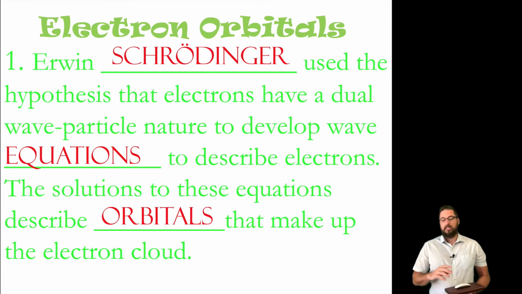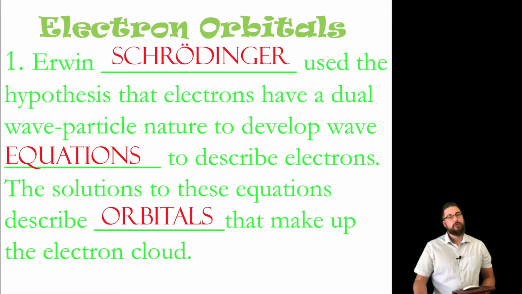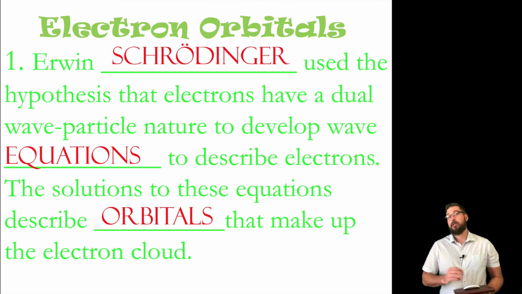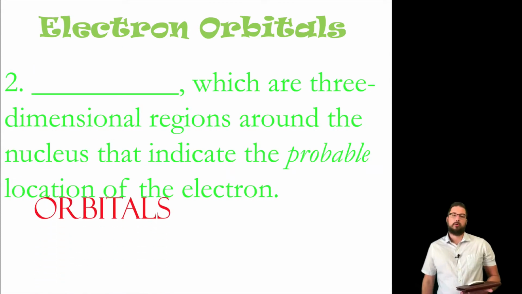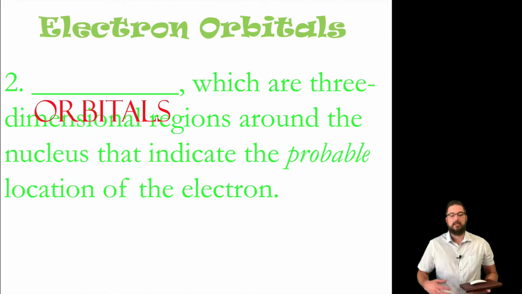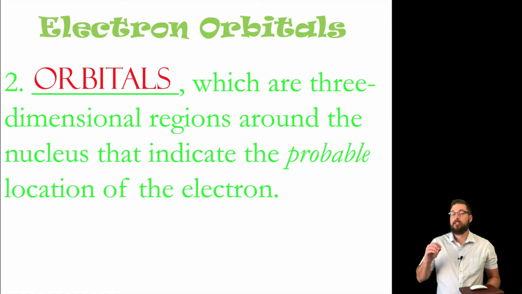Again, these equations that Schrodinger came up with are very, very complex. They describe the shape of the orbitals that these electrons exist in. So let's talk about what an orbital is. An orbital is a 3-dimensional region where you can probably find an electron, where an electron is most likely going to be found around the nucleus.